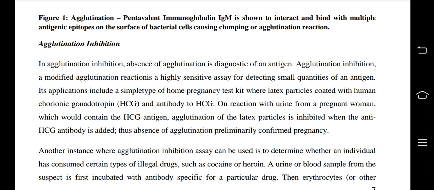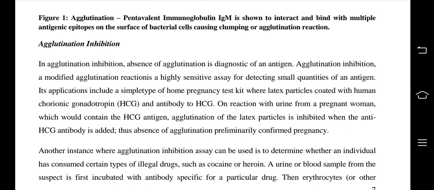On reaction with urine from a pregnant woman, which would contain HCG antigen, agglutination of the latex particles is inhibited when the anti-HCG antibody is added. This absence of agglutination preliminarily confirms pregnancy.